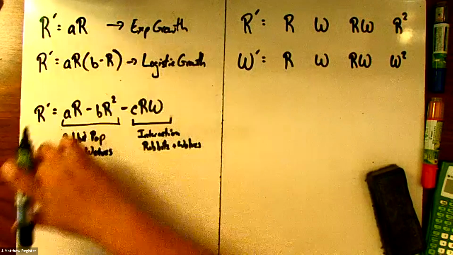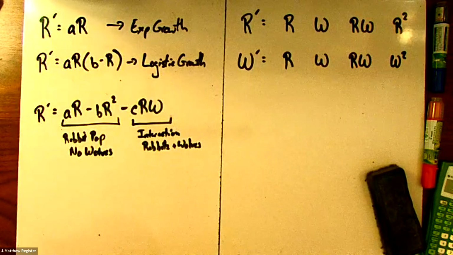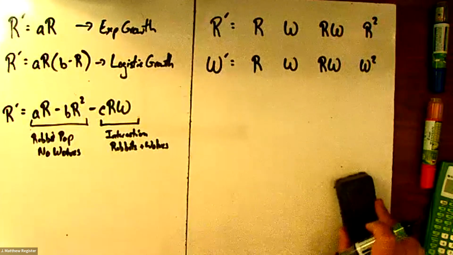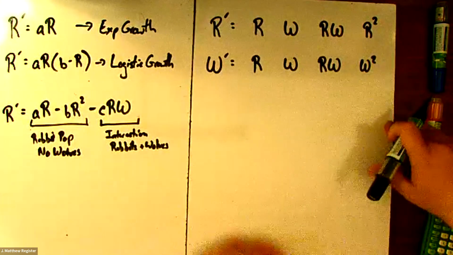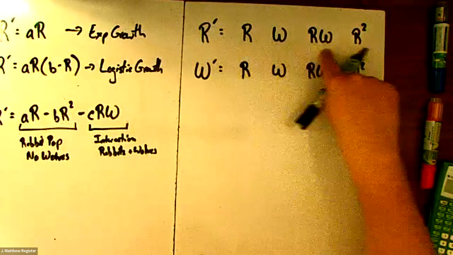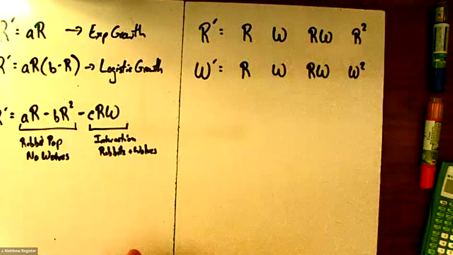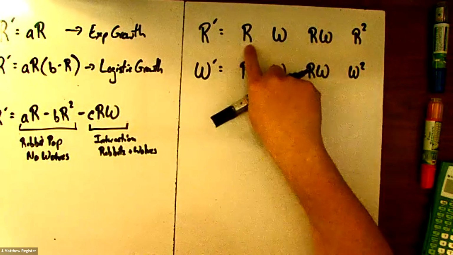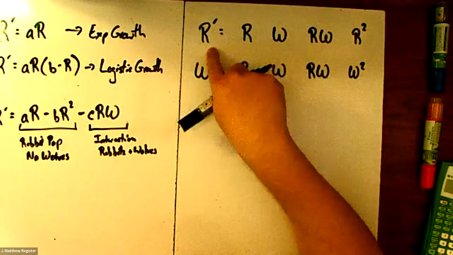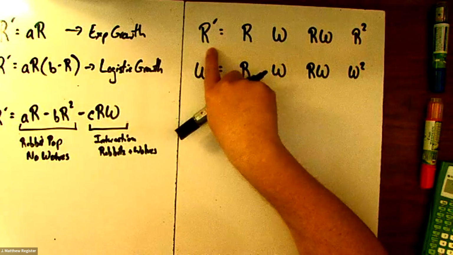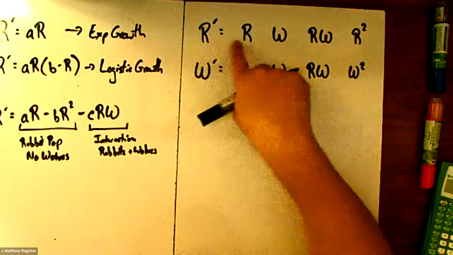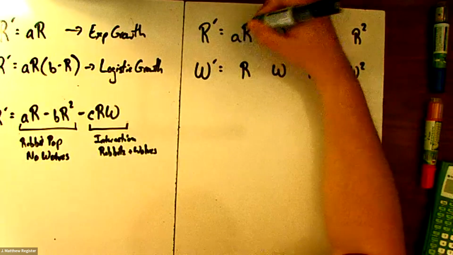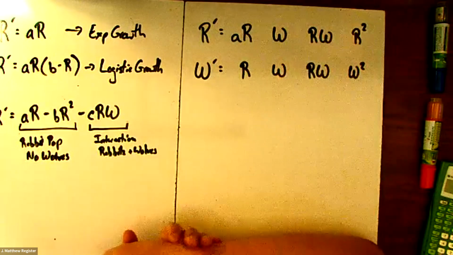These three ideas give us the tool set needed to create a number of different differential models, and we can create one for rabbits and wolves real quick. These are all of the possible terms. Let's see which ones make sense. This R term represents the rate of change of rabbits when we just have rabbits, and we know that's going to cause an increase in the population of rabbits.